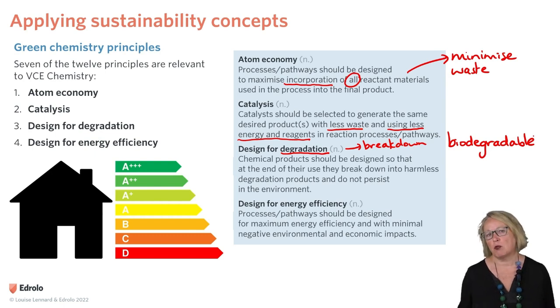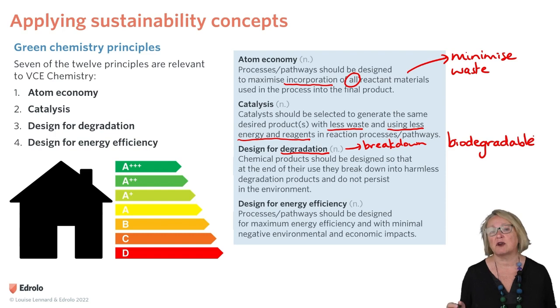For example, microorganisms or any natural sort of process. Many plastics are labelled as biodegradable, but they don't actually break down into the elements, they break down into small microplastics, which can still be harmful to marine life. So just be careful of the word biodegradable.